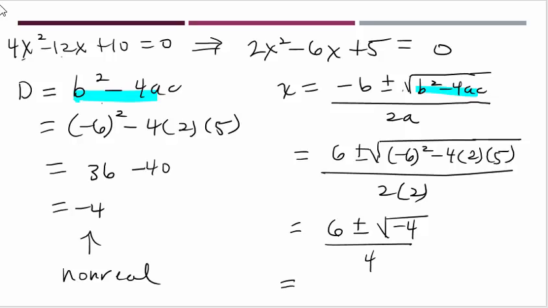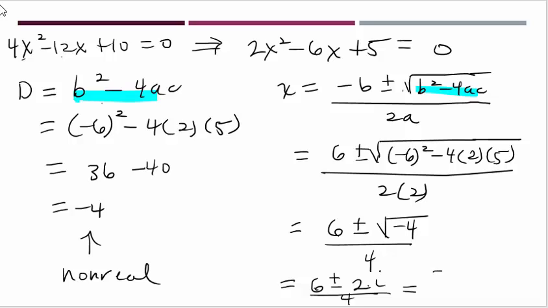And remember that a negative under the radical, that's a non-real number. And we can write it in terms of i. So we get 6 plus or minus, the square root of 4 is 2, the square root of negative 1 is i, and then divided by 4. And lastly, if we want to write this in a plus bi form, you'd break this up, divide both of these terms in the numerator by 4.